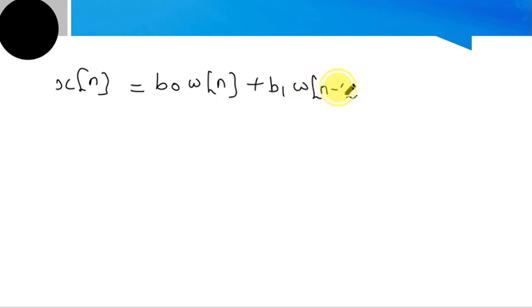Here my x of n will turn out to be b naught w of n plus b1 w of n minus 1 plus b2 w of n minus 2. All this is true for n greater than or equal to 0.